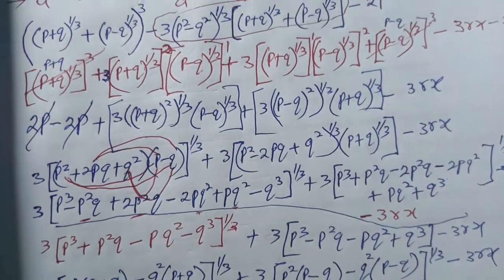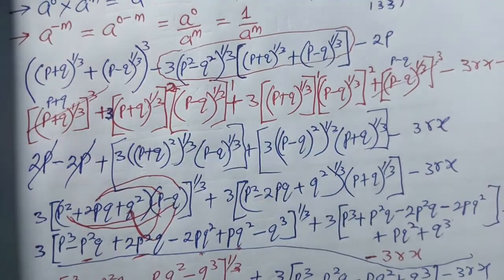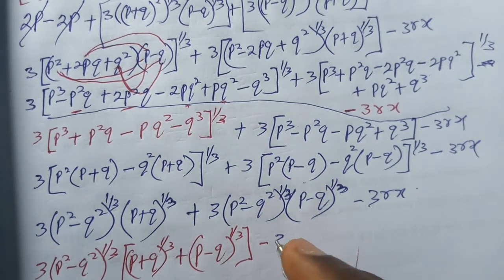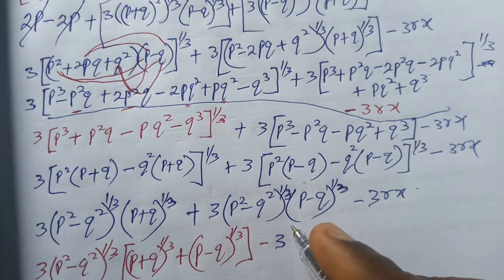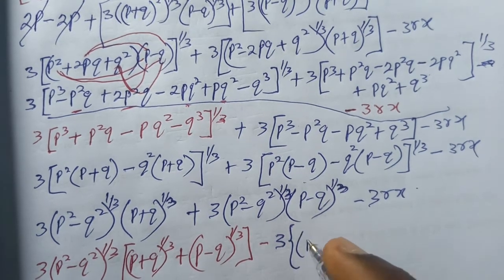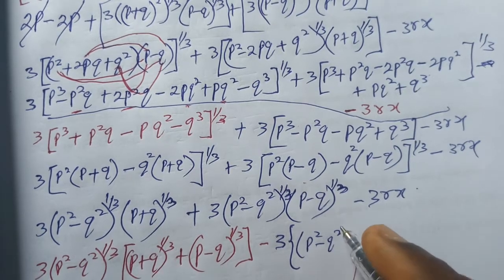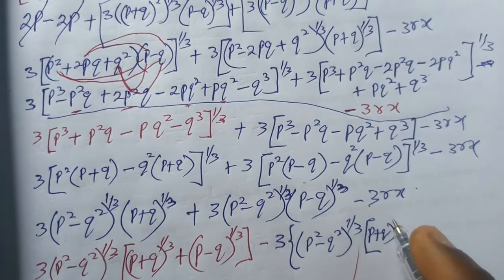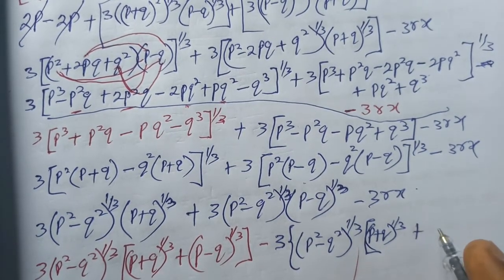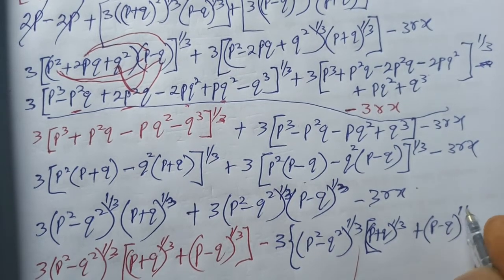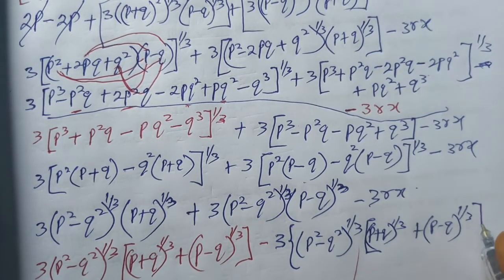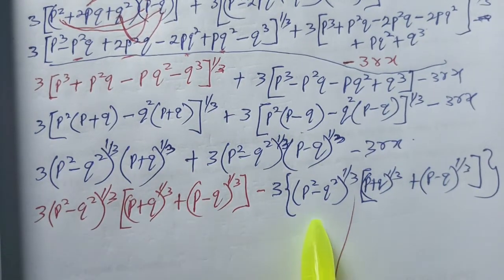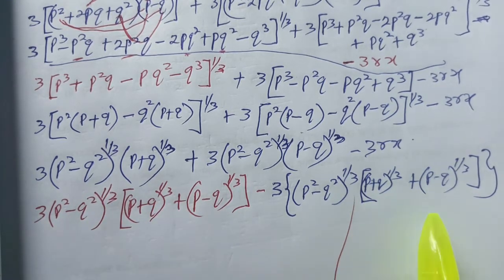So minus 3 into (p squared minus q squared) to the 1 over 3 into (p plus q) to the 1 over 3 plus (p minus q) to the 1 over 3. That's what we have. So you see that what is on the left is what is here, so it's 0.